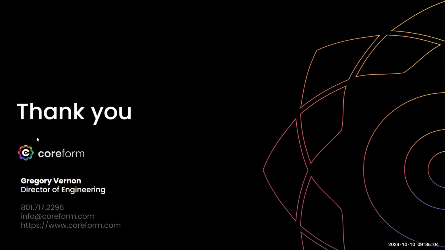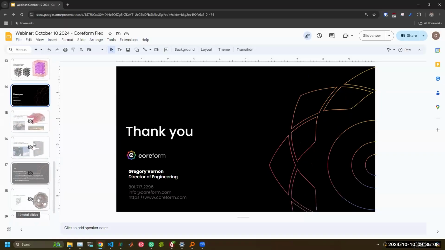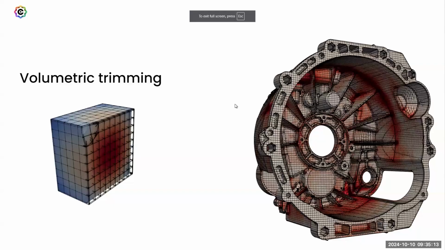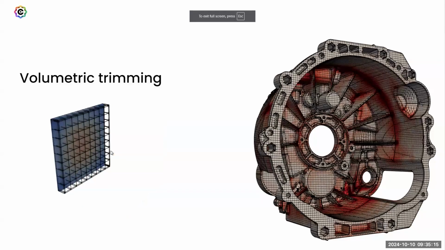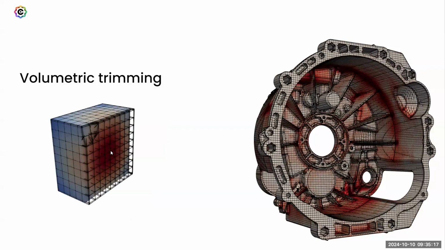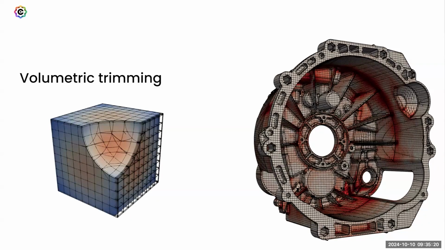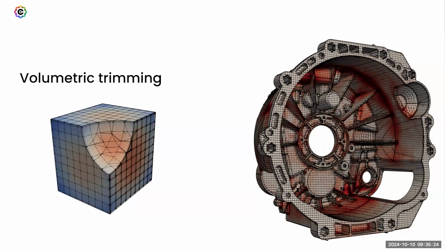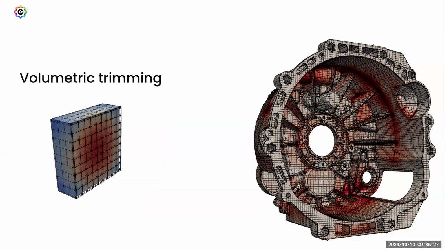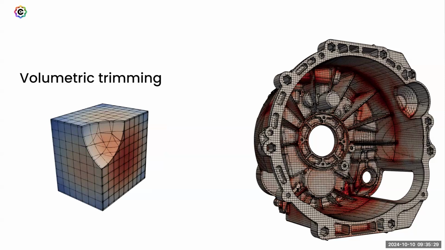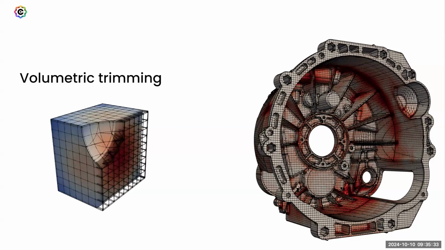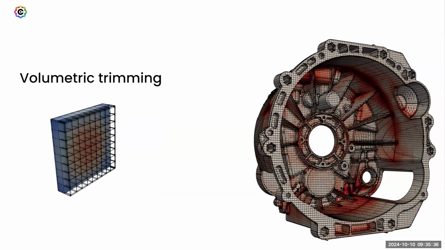Yeah, we can. I have a couple of slides that I prepared as backup that might be helpful to show. This method we call volumetric trimming. The animation on the left has a spherical cutout in it, which demonstrates that our volumetric trimming approach is able to capture those complex curved surfaces.